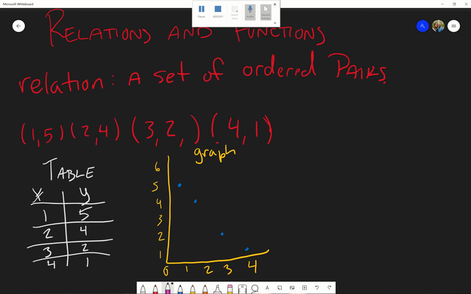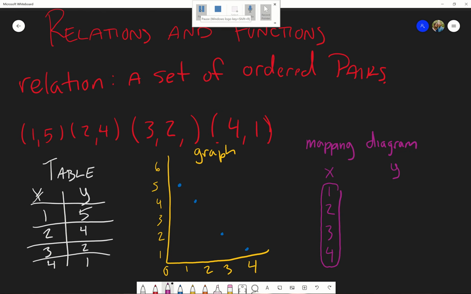And then thirdly, and the one you're going to see least often, but is still one that we might use, is called a mapping diagram. A mapping diagram. And so this is going to have our x's and our y's. We're going to write them out as 1, 2, 3, 4, and we make them kind of into a bubble here.